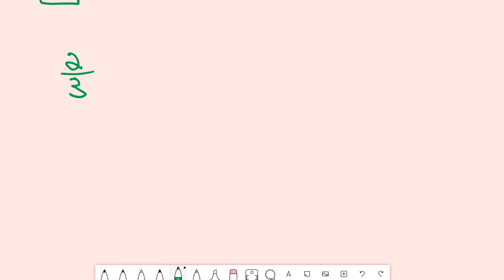All right, so I know that 3 over 2, when I multiply these two, will equal 1, but one of these has to be negative. So since this one is positive, this has to be negative. And there's the slope that I would use in this type of problem.